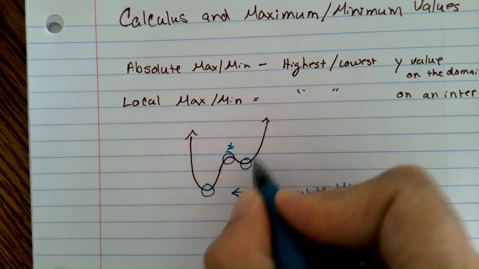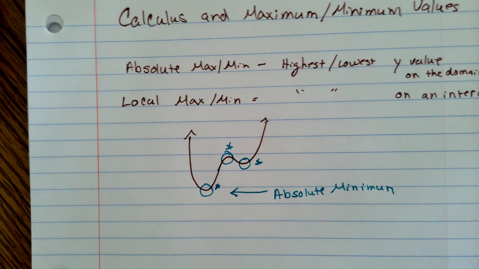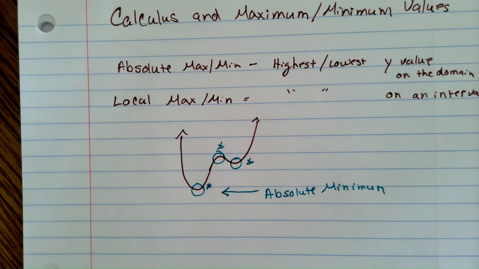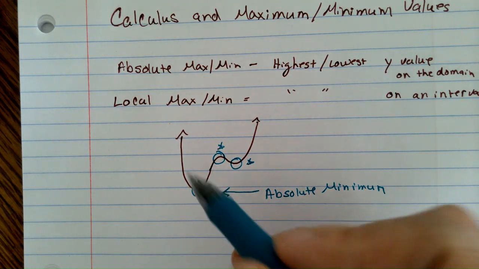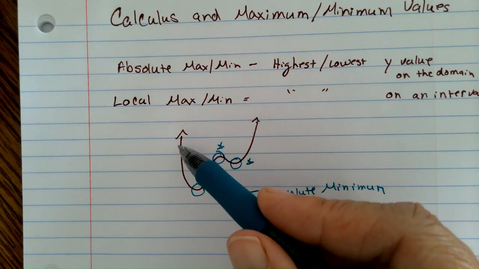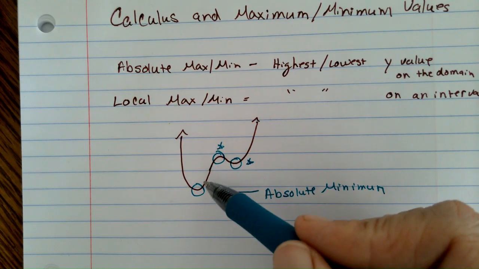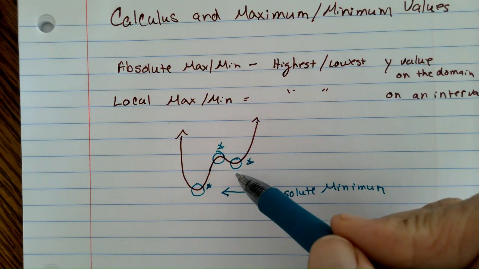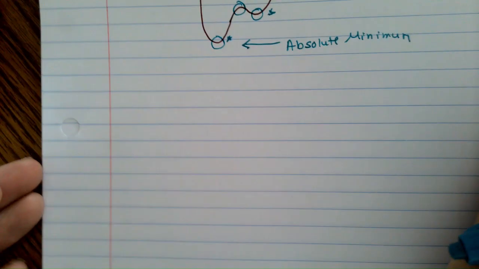These are both locals, and this could be considered a local as well, because you could talk about it on a domain. Okay? So if you'll notice, the local max and min happen to exist when you switch between going downhill to uphill or uphill to downhill. Okay? So let's think about what that means.